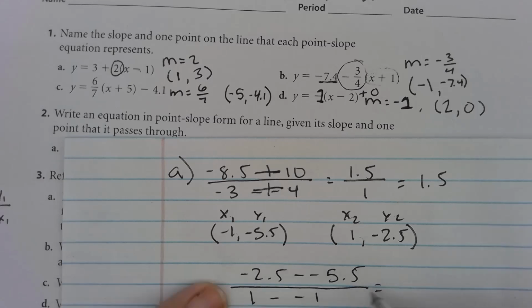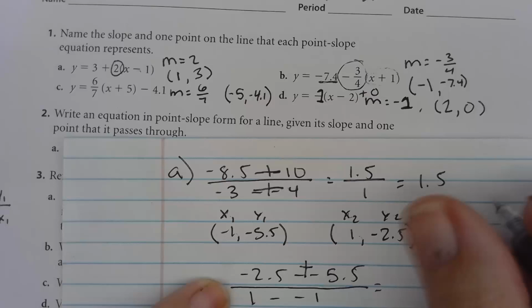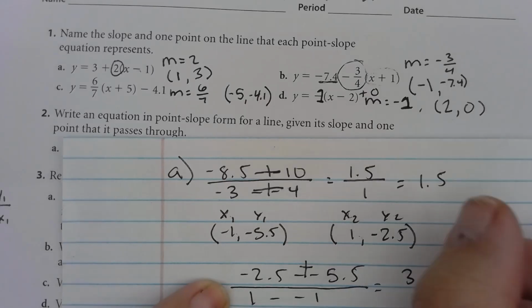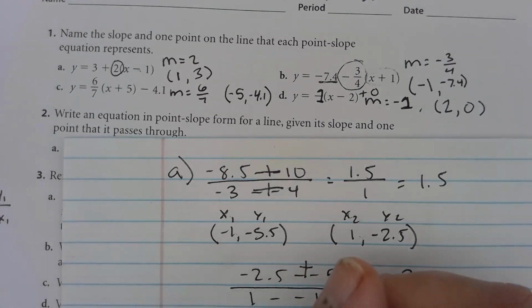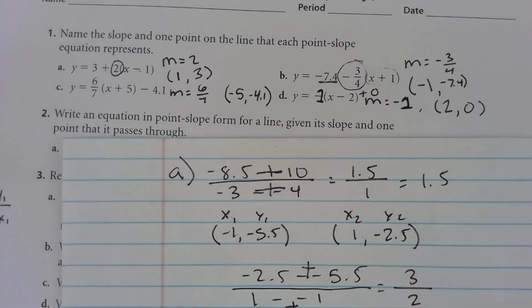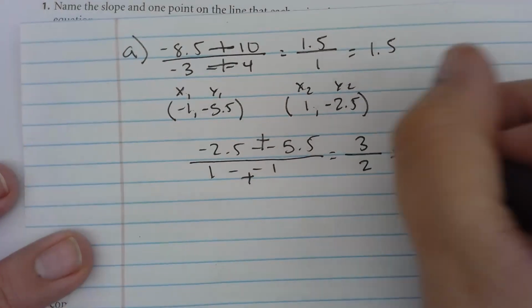We get negative 2.5 plus 5.5 is going to be 3 over 2, which turns into 1.5.